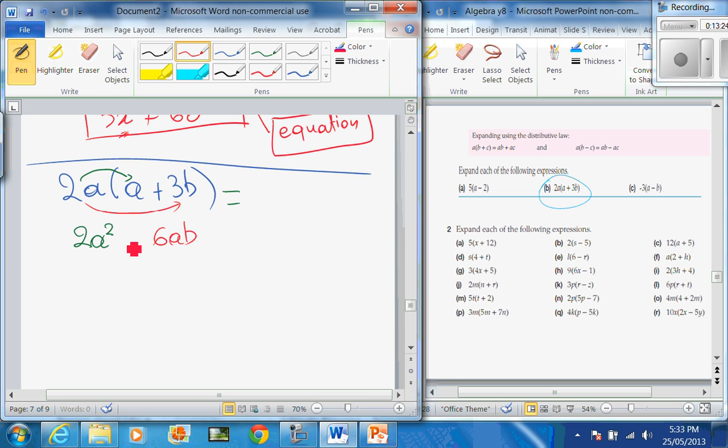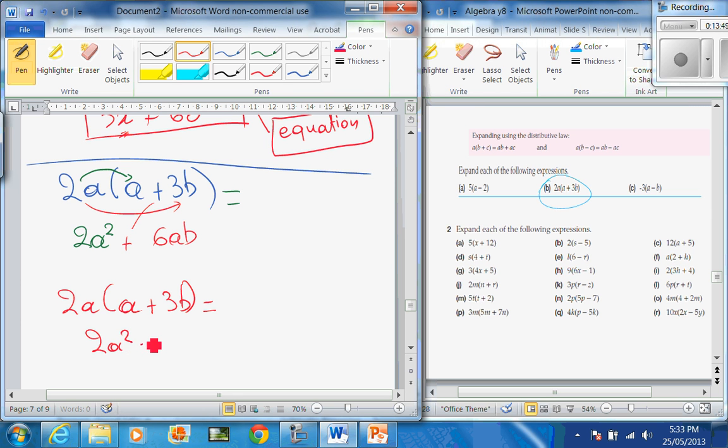And the connector between them is plus. So my answer is 2a brackets a plus 3b equals 2a squared plus 6ab. Tick.